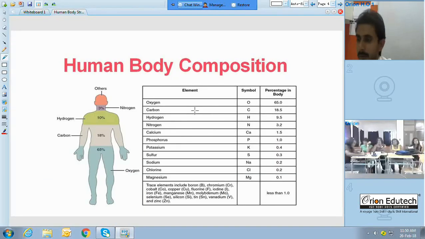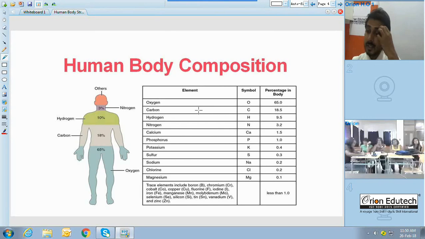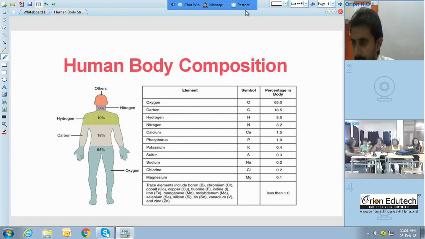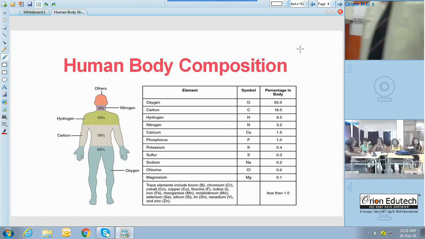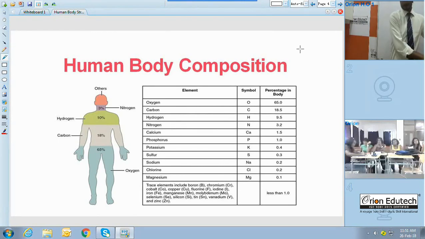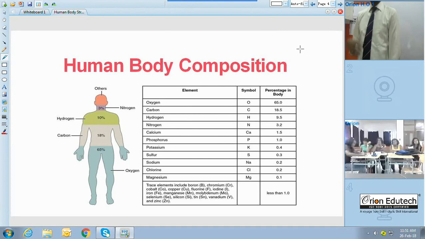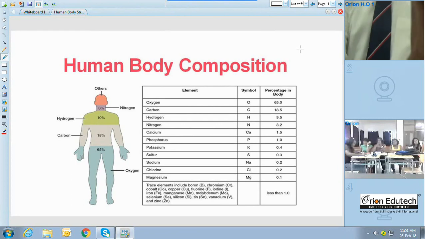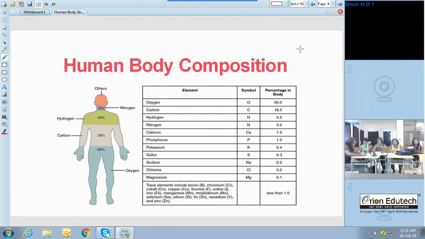So, human body composition, the last topic we are discussing, right? And I wish all of you have written the composition of a human body.